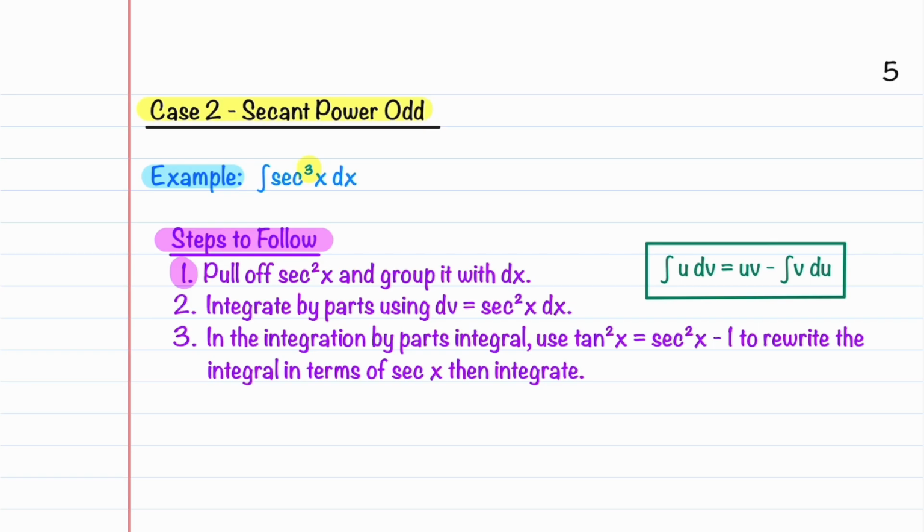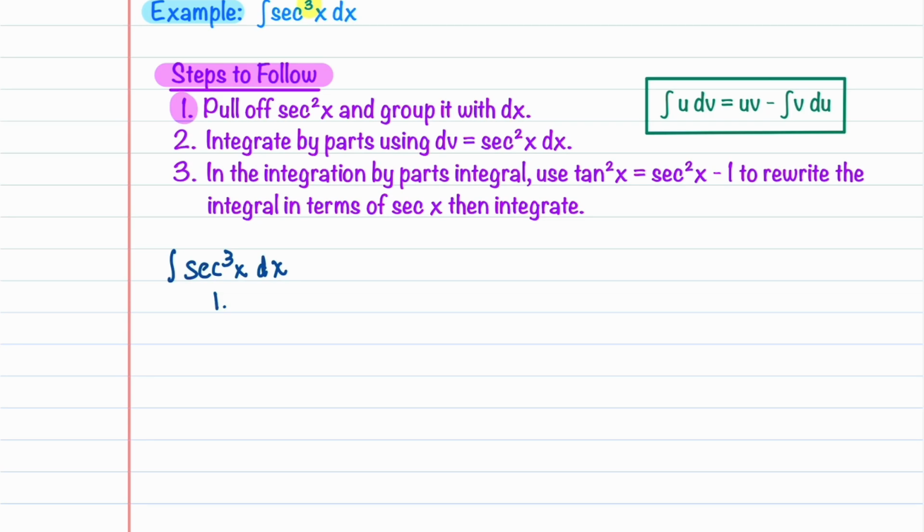Let's go ahead and do that. We have the integral secant³ x dx. And in our first step, we are going to pull off a secant² x and group it with dx. So that leaves us with one secant x, and then we have secant² x dx.